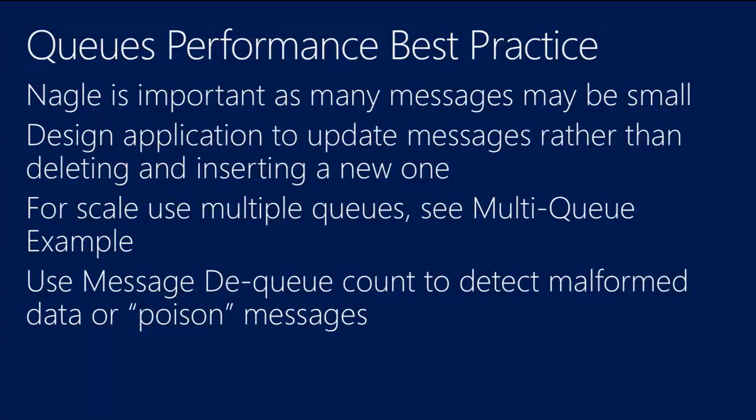And then also, when you retrieve a queue message, you'll get a pop receipt, which is essentially how you go back and delete that message, which has become invisible. But you'll also get a DQ count. And this is important. It's a very good best practice to have because for some reason, somebody may have inserted malformed data. So what happens if the message that I get causes my role to crash?